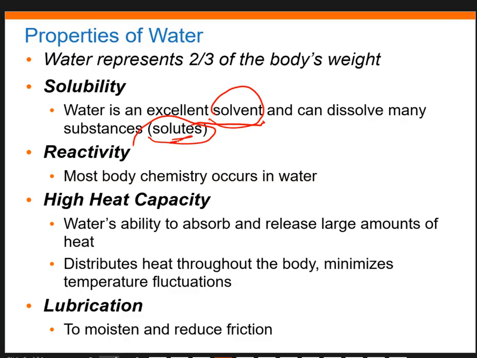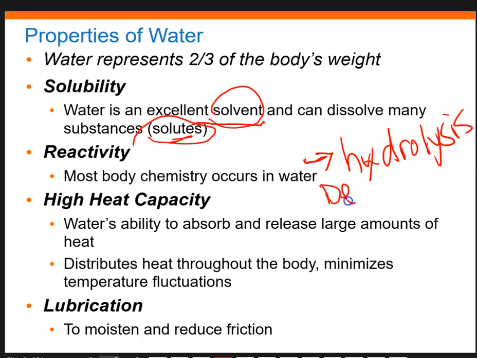Water has great reactivity. It's very reactive, and most body chemistry occurs in water. We just said that a couple of the most important reactions in the human body are hydrolysis and dehydration synthesis.